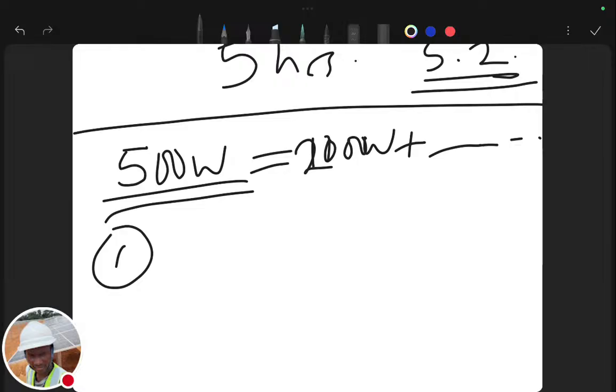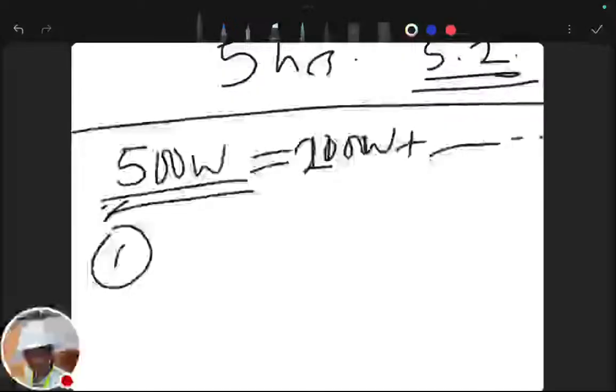We have reached system design. Pay attention. This is what solar is all about, determining what to use for your installation. We have determined that the person's load is 500 watts. For us to power this load, we need to use an inverter whose rating is more than 500 watts.